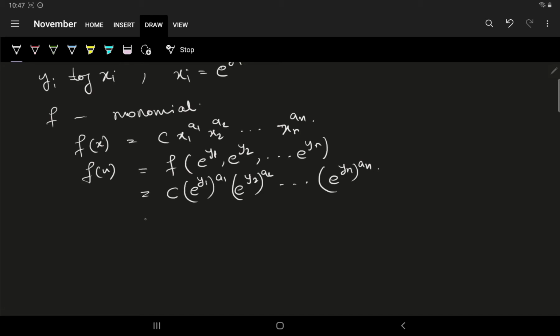Okay, and we can also write c as e to the power b, that is, log of c is b. So this will mean c is equal to e power b. So we replace the c in here.